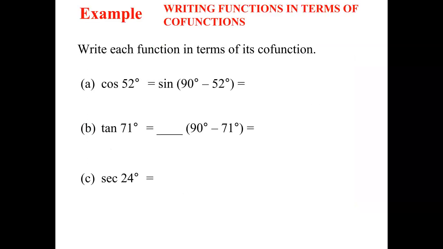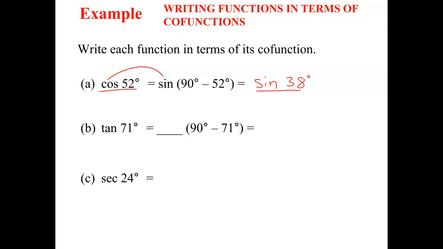It's a little easier to see in practice. I have cosine of 52 degrees. The cofunction for cosine is sine, okay? That's why it's called cosine, because it's the cofunction, all right? I'm going to take the 90 degrees, I'm going to subtract the angle measurement. What do I have left? So cosine of 52 degrees is equivalent to sine of 38 degrees.